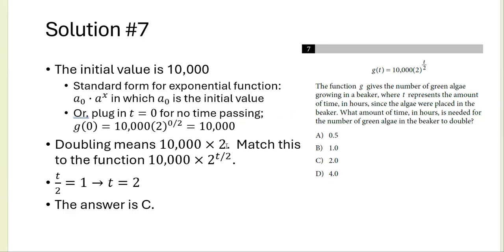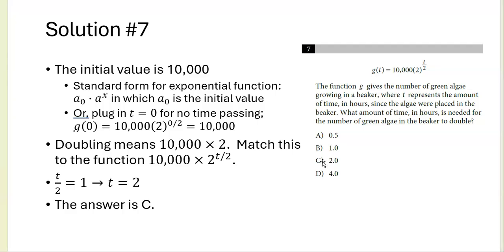The reason I want to write it like this is because if we're not comfortable with exponential functions, look at this: 10,000 times 2 to the t over 2 power. So we just want to match this 2 to the first power to 2 to the t over 2 power, meaning that 1 is equal to t over 2, which means t equals 2. And the answer is C.